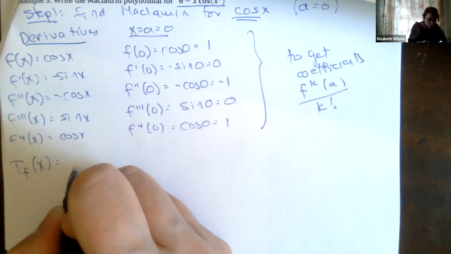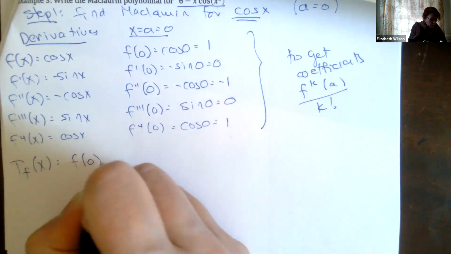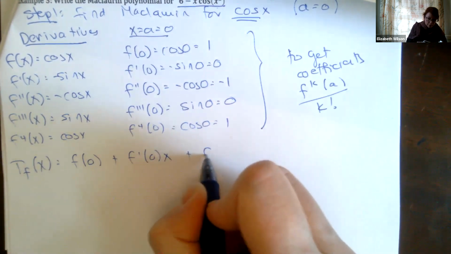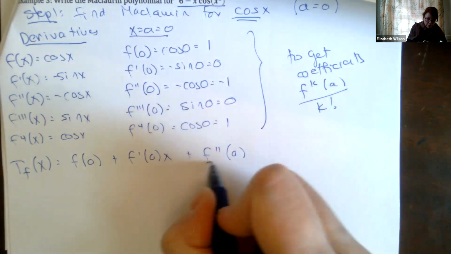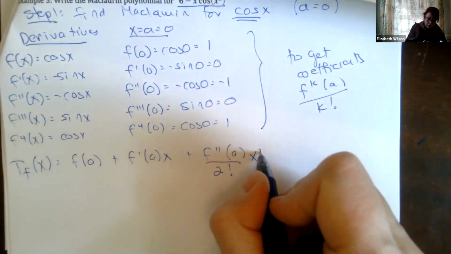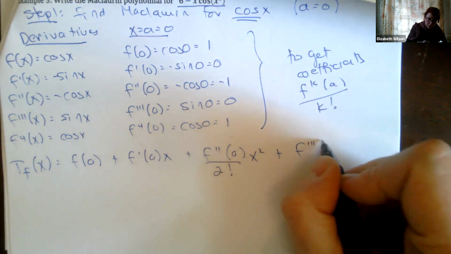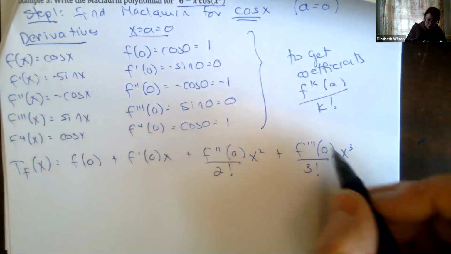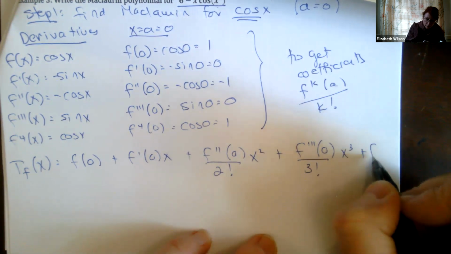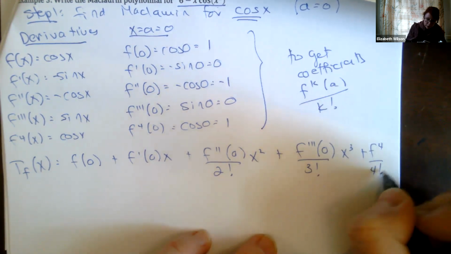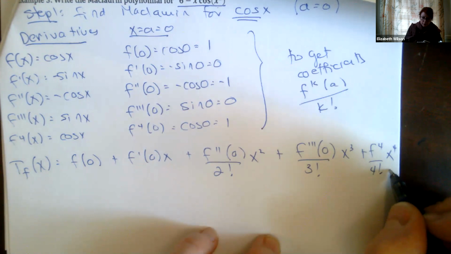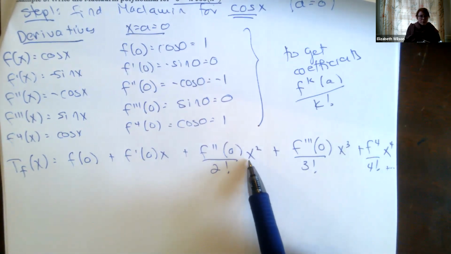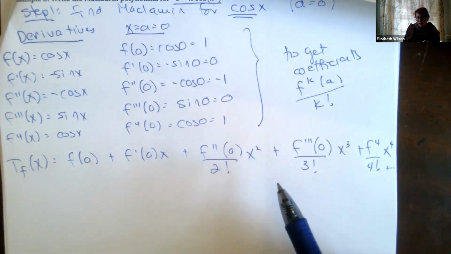So I'm going to go f of 0 plus f prime of 0, x to the 1, plus f double prime of 0 divided by 2 factorial, x squared. Remember, we're just doing this to remind us of what we're trying to do, and then I'll do the fourth, 4 factorial, x to the 4th, plus dot, dot, dot. Maclaurin, remember, is always a equal to 0, so x minus 0 squared is just x squared.